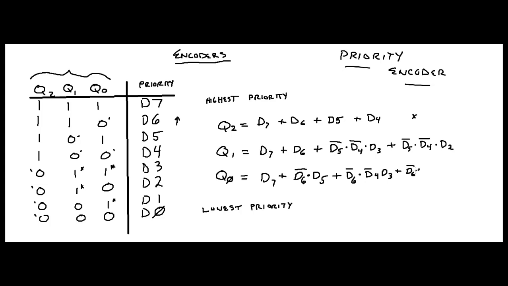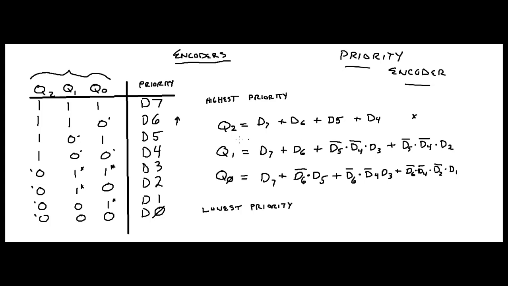And in there, what, D4 low and D2 low and D1 high, right? And that's it. That's it. We did it. So there are the equations for your priority encoder.